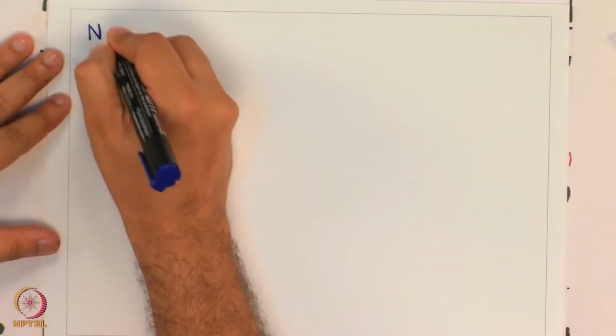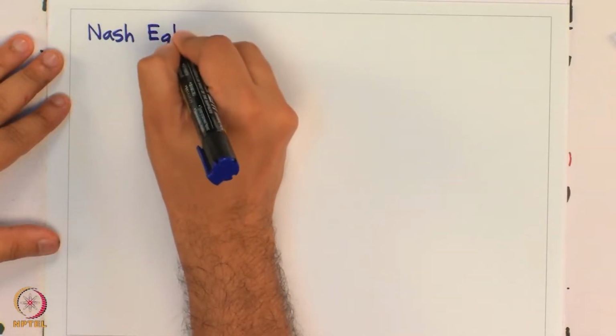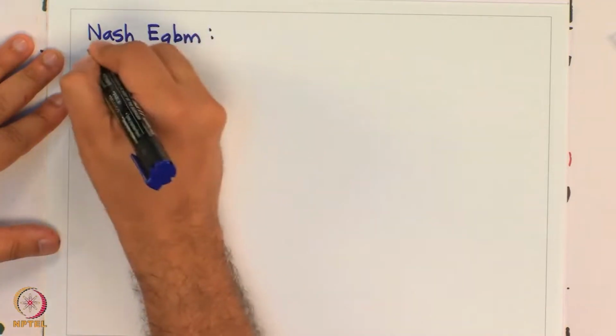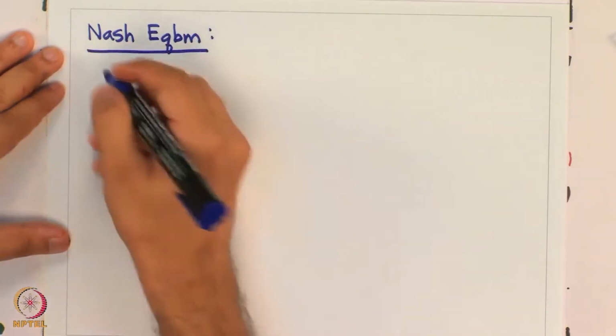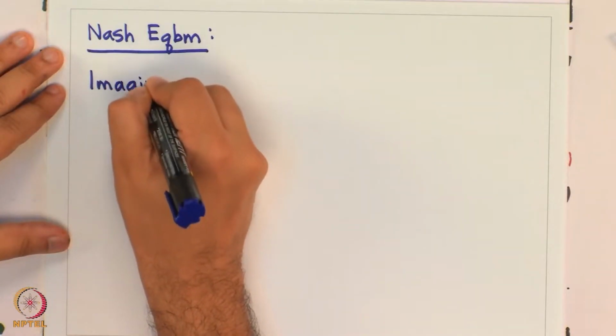So, a Nash equilibrium is defined as the following. Imagine there is a game between two people.